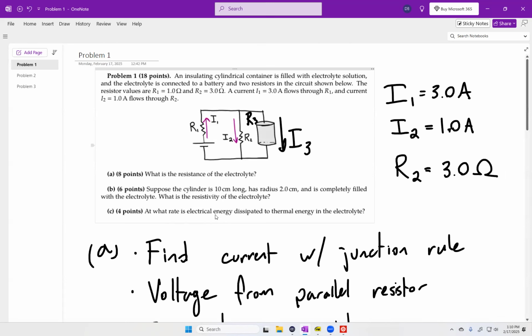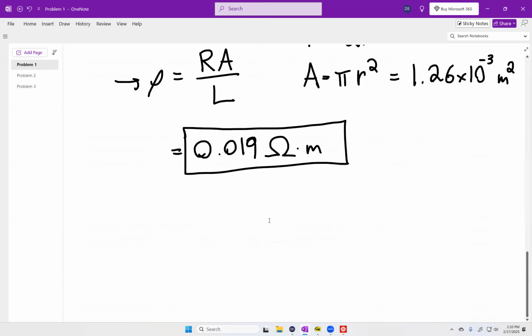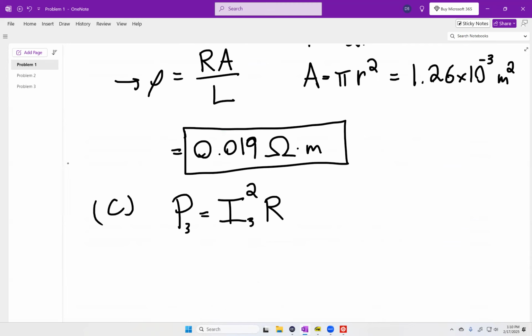Okay, finally, at what rate is electrical energy being dissipated to thermal energy in the electrolyte? Well, this is just asking us to use I squared R, right? What rate is energy being dissipated? That's asking for the power. And well, that's just plug and chug, right? We have the current, which we said was 2 amperes.